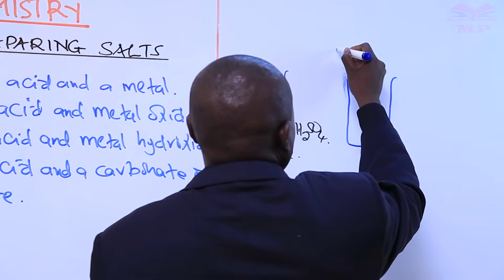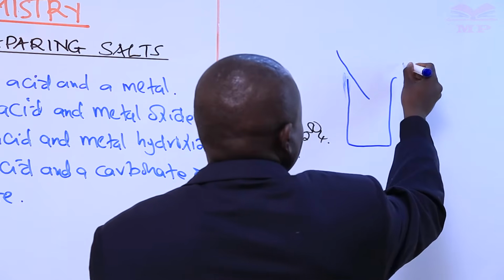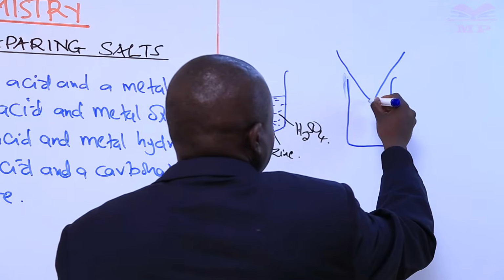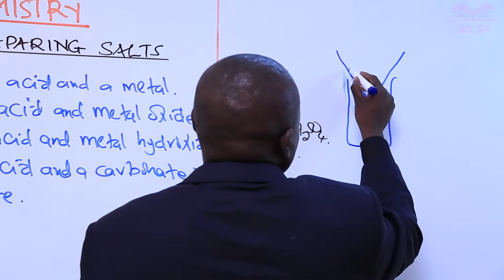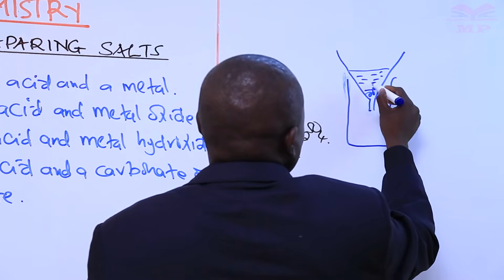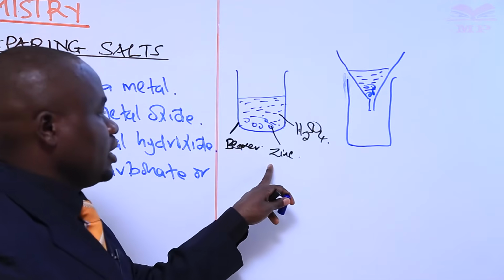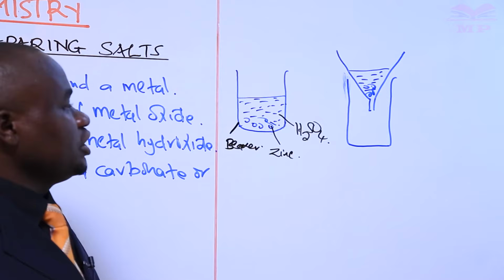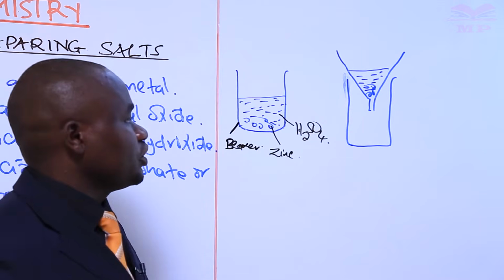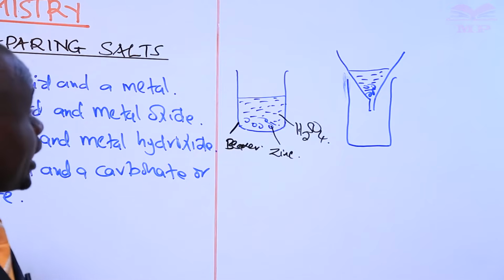Then here we shall have our filter funnel, like that. And then here we shall have the mixture, whatever we shall obtain in the first diagram. That's what we shall transfer into the filtration part.